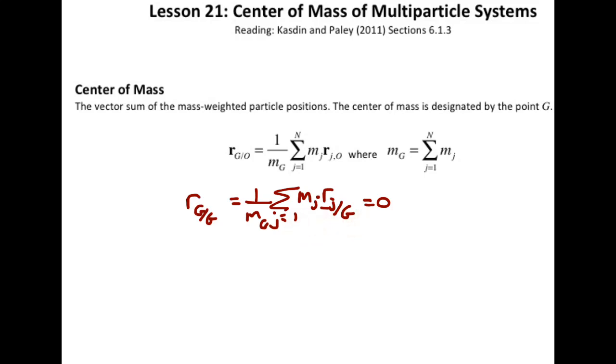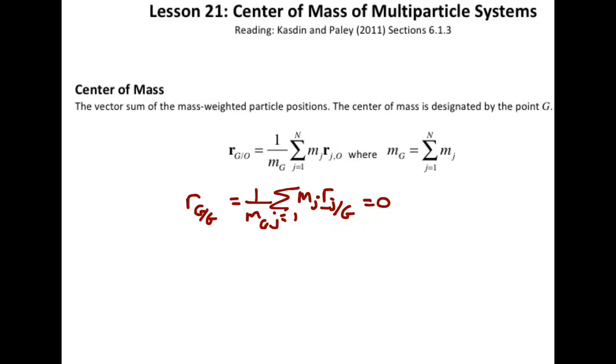And so you may recognize this from your statics course, in which when we talked about center of gravity or centroids, we would talk about the first moment of area. So in this case, we have something that looks like the first moment of mass, which is a distance away from G multiplied times the mass. So that's essentially saying that the first moment of all the masses combined together is going to be balanced and is going to be equal to 0.